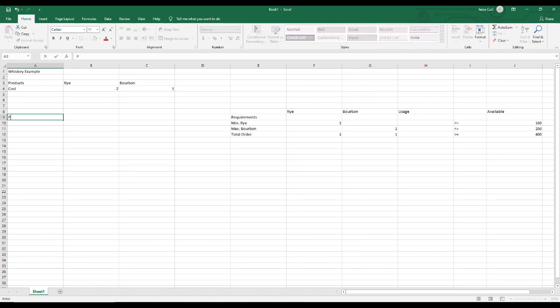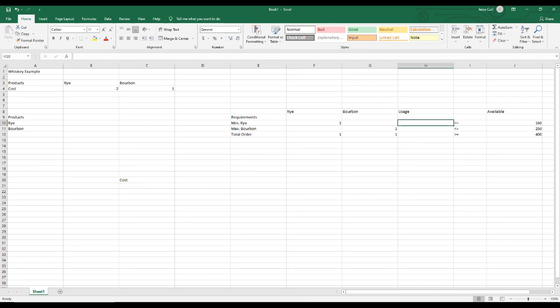So I'll go here, products, rye, bourbon, and I'm ultimately worried about cost. Cost will go down here. This is much more difficult to follow, much less clear, but it's to illustrate that the actual spaces don't matter. So now that we have all of this, we can enter our formula.